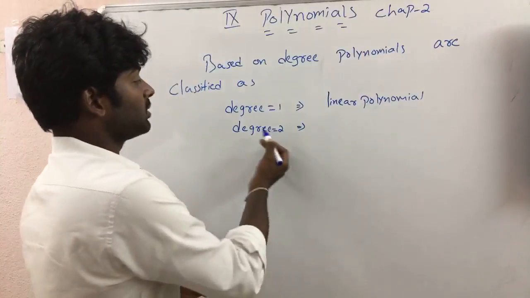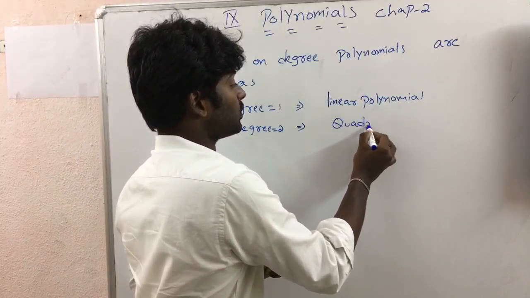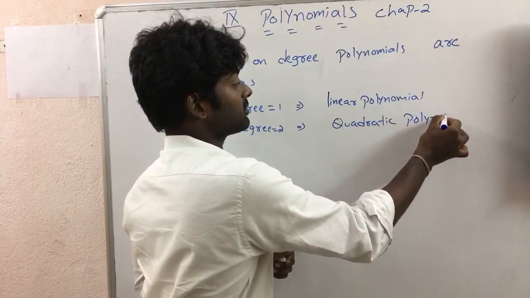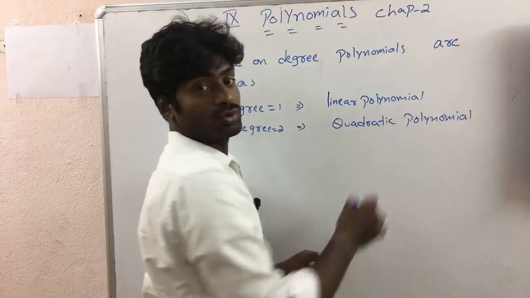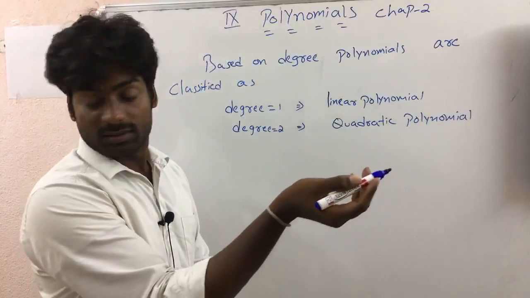If degree equal to 2, it is a quadratic polynomial. Those watching the video can type the answer in the chat box.